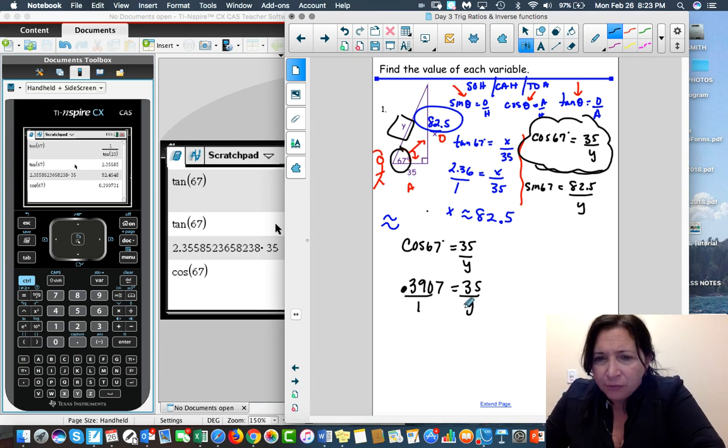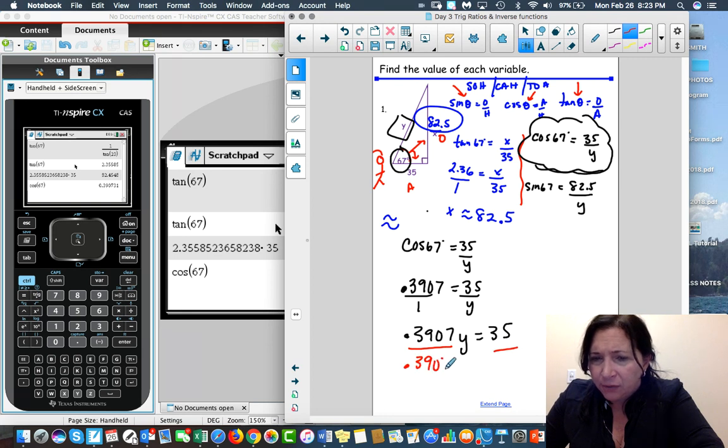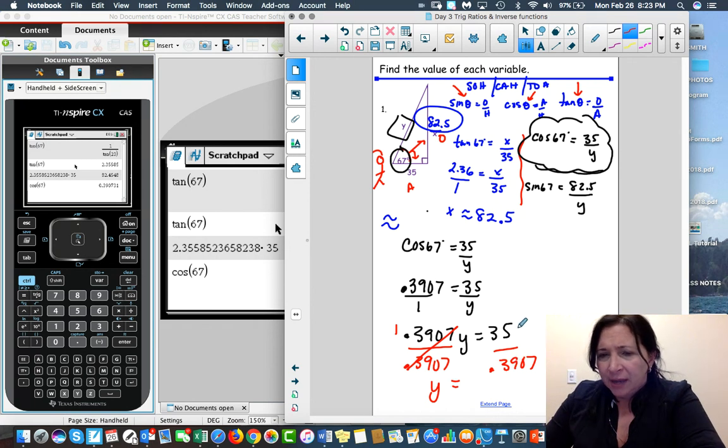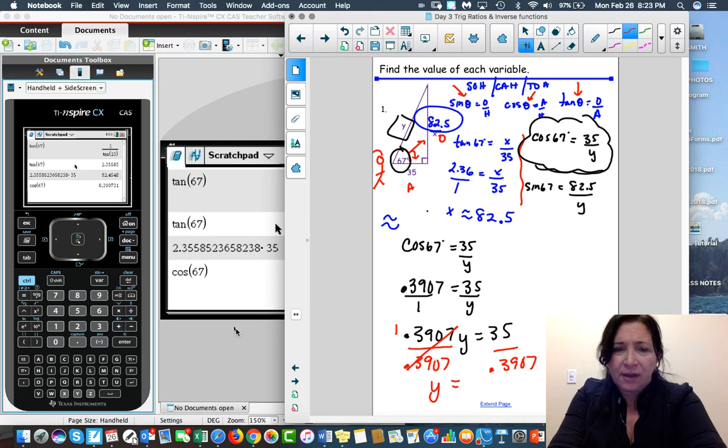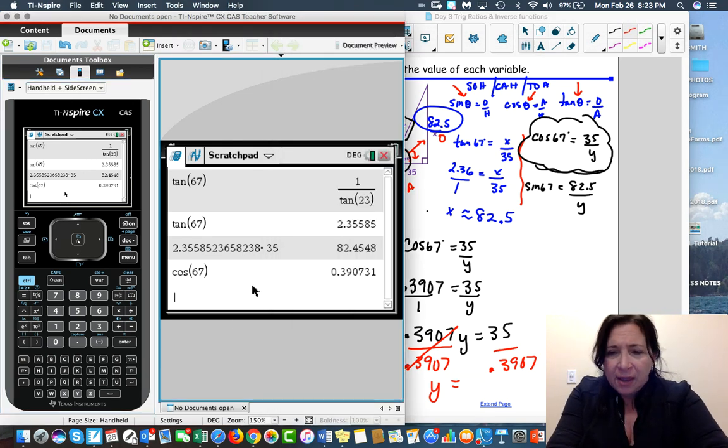Now we have to cross multiply. So we get 0.3907 times y equals 1 times 35. I'm going to divide both sides by 0.3907. These cancel and make 1 times y, which is just y. Now I use my calculator again and type in 35 divided by 0.3907.